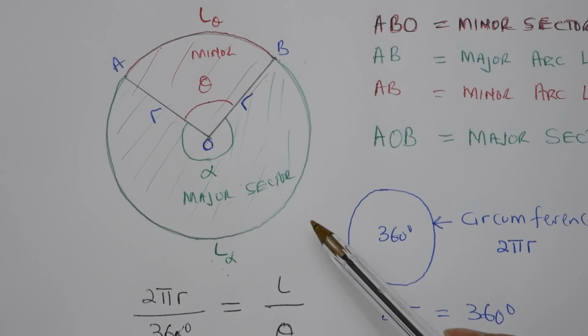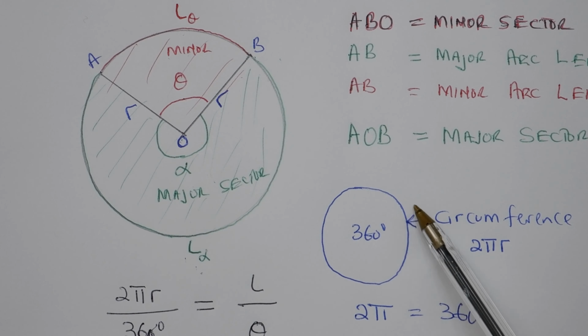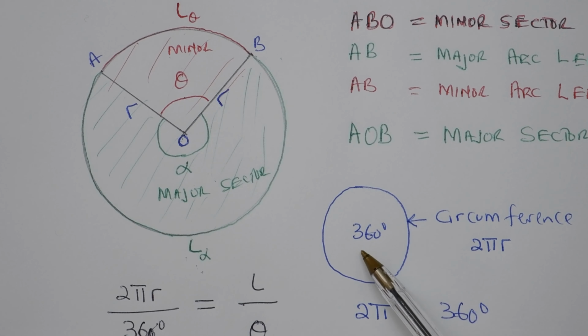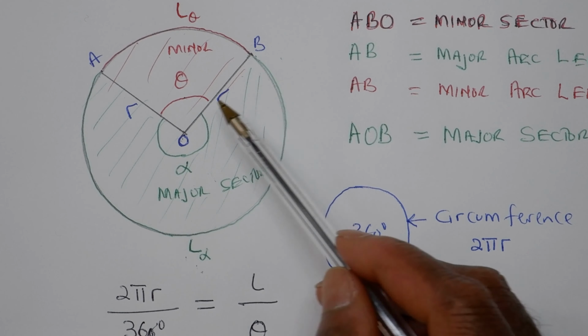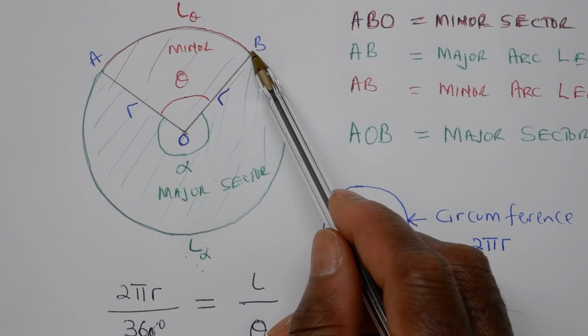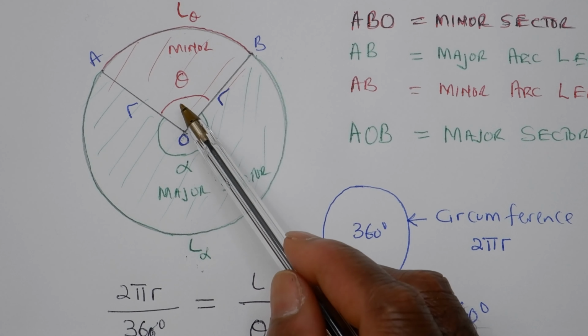Remember, the ratio is that the circumference of a circle divided by its angle is equal to the arc length of a sector divided by its angle.